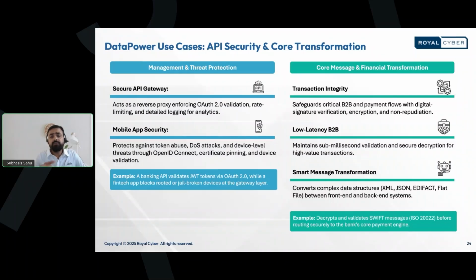Now we will move to practical use cases of DataPower. Coming to API security and core transformation, the basic strength of DataPower is, of course, its security and its integration. Coming to API security, where exactly does DataPower fit in? A banking API validates a token via OAuth 2.0, while a fintech app blocks rooted or jailbroken devices at the gateway layer.